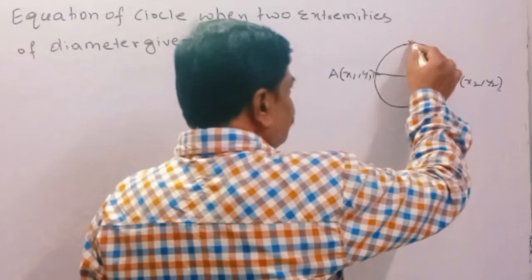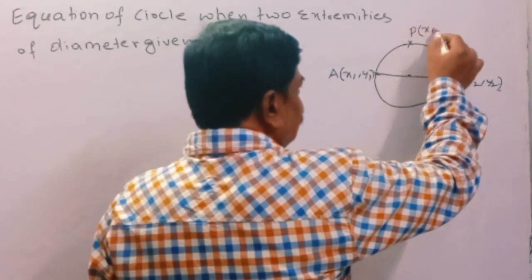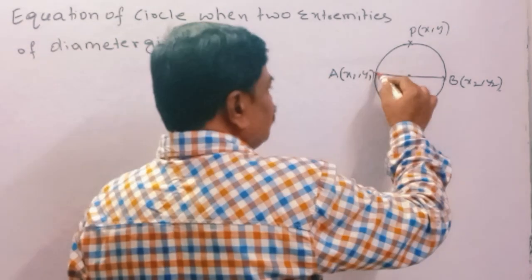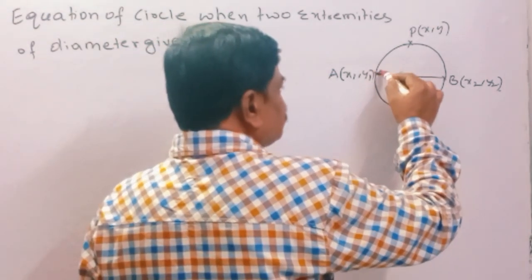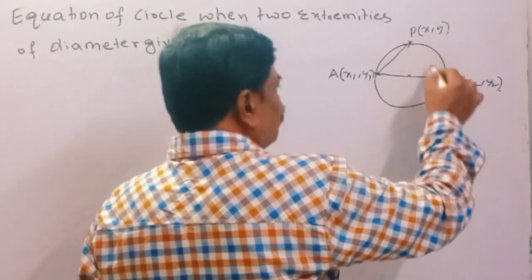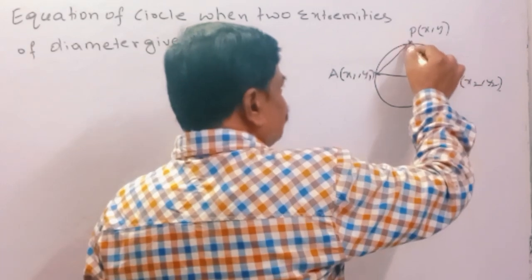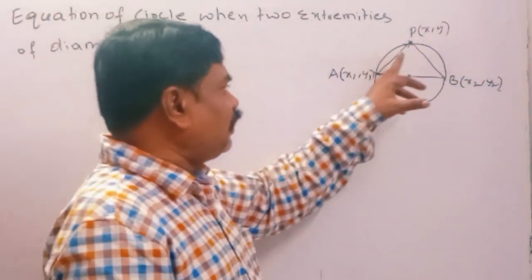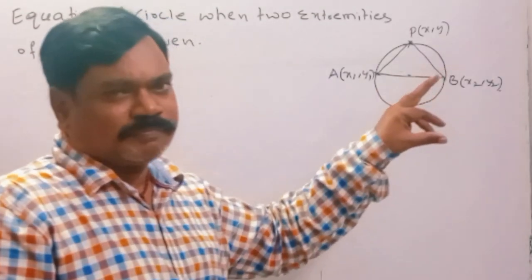Let us take P, the point x comma y, on the circle. Here one chord is AP and another chord is BP. These two chords intersect at the point P, which is on the circle.